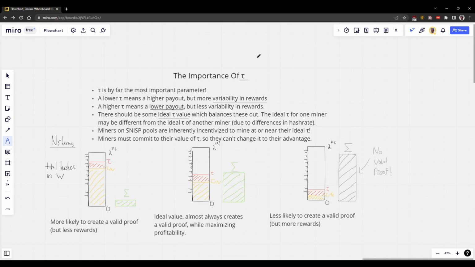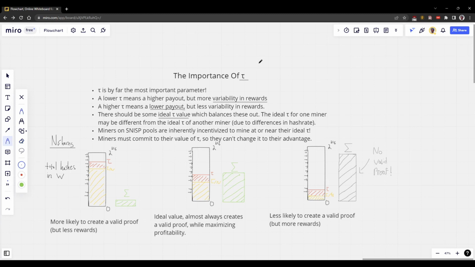And the equation is going to be, sorry, not n times, it should be n over h, which is going to be the hash rate of the miner, multiplied by the window of time, sorry about that.